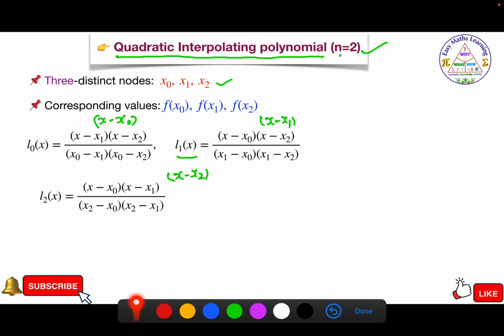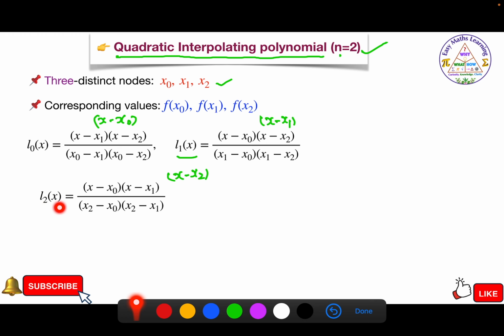Also, you can see L0(x) becomes 1 if we substitute x equal to x0, since the numerator and the denominator (x0 minus x1)(x0 minus x2) are the same. It is 1 for x equal to x0, and for x1 and x2 it is 0. Same for L1(x): it is 1 for x equal to x1, and 0 for other nodes.